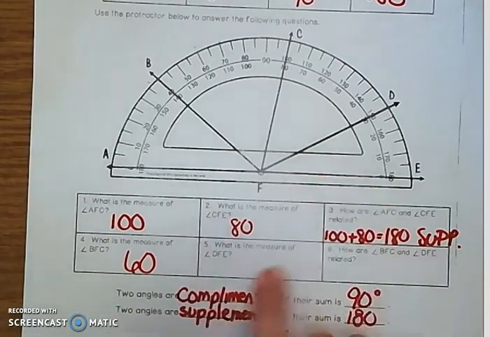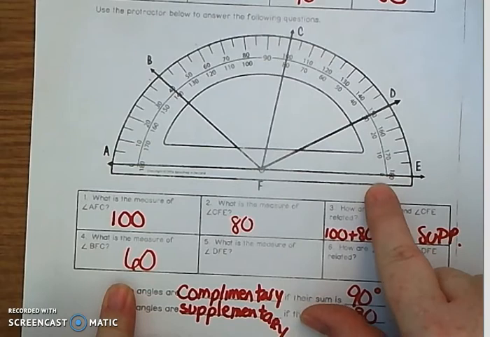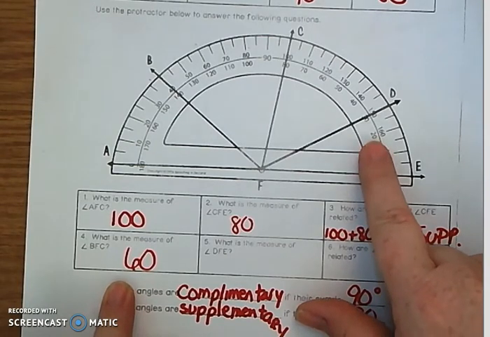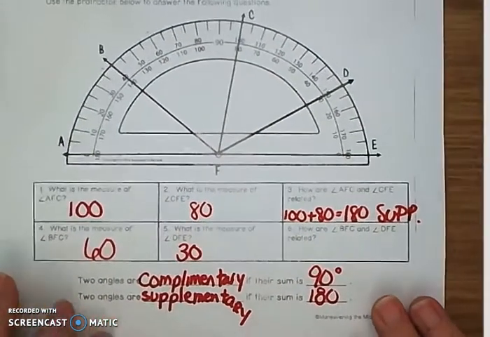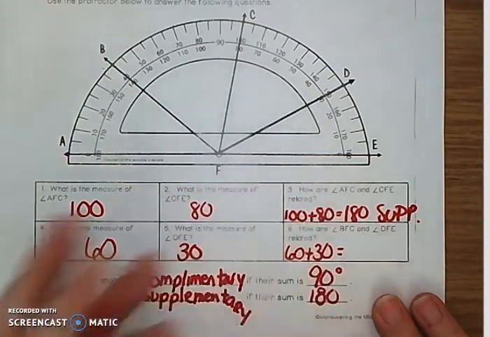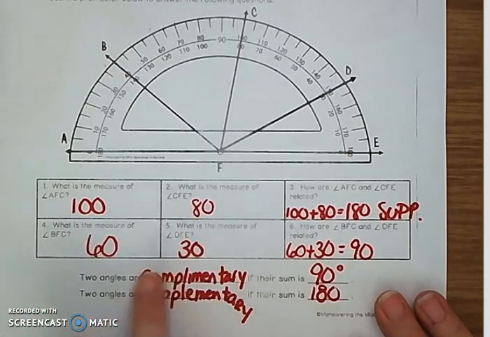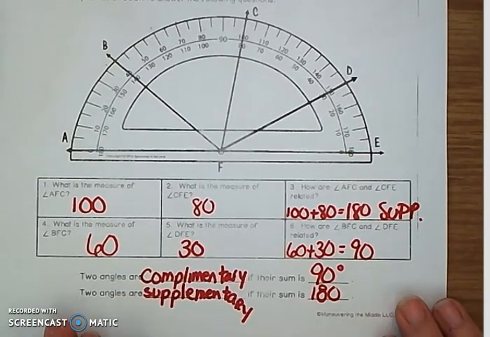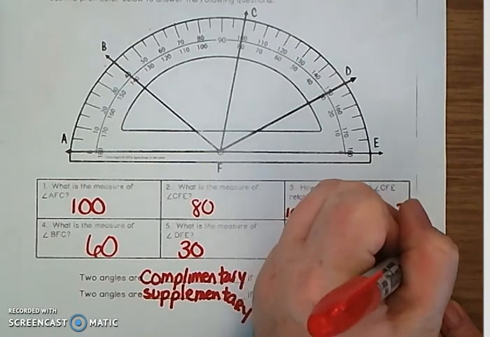Now we're going to do DFE. It starts at 0, and I use the bottom set of numbers to count up: 10, 20, 30. So DFE is 30. Again, if we add these together, 60 plus 30, I get 90. So are those two angles complementary or supplementary? They're complementary because they equal 90. So I'm going to put COMP.